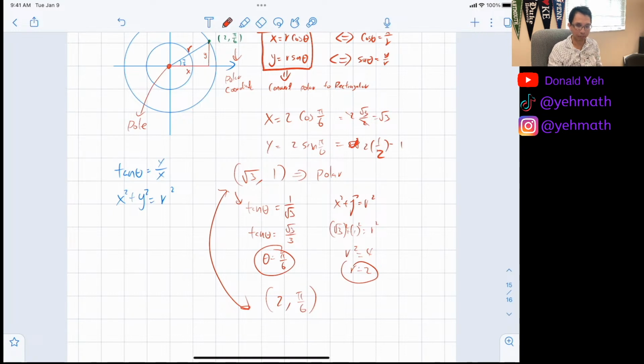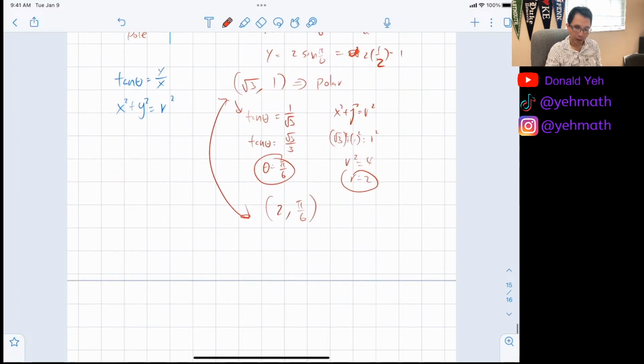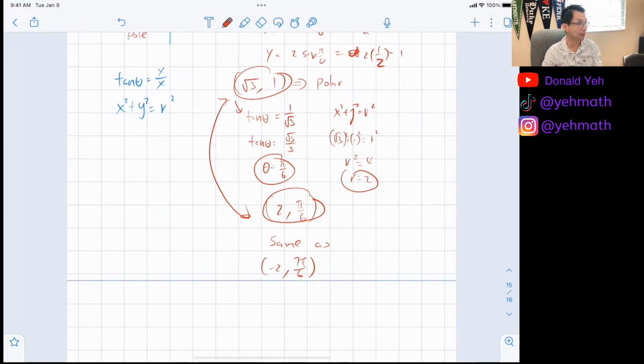So for example, this here, you can have equal to this, right? Or you can also be the same as -2, 7 pi over 6. You do that.